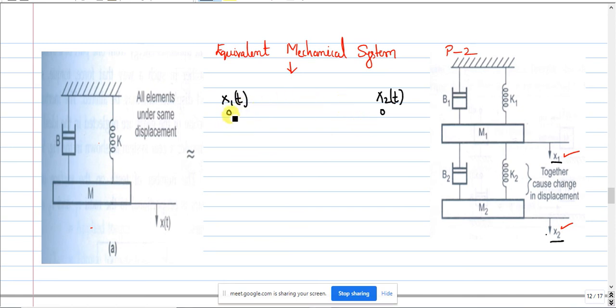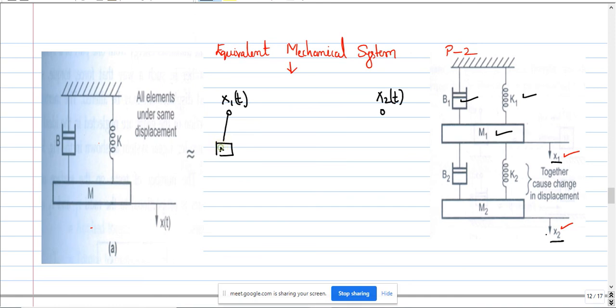Now check under x1 of t how many elements are getting influenced. So to this displacement, m1, b1, k1. These 3 elements are getting influenced. So I will represent all 3 in parallel.